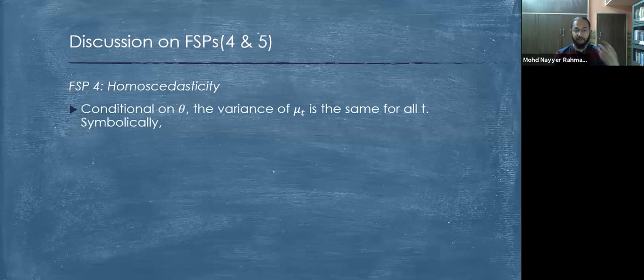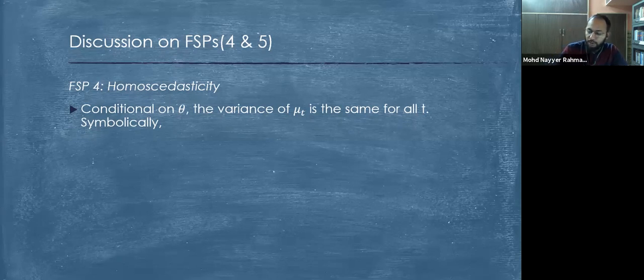and the opposite of this assumption is heteroscedasticity, which is a problem if your sample is not homogeneous. Homogeneity doesn't mean perfect homogeneity, but if it is somehow acceptable, then we can go with the regression model. Otherwise, we cannot. It means that, conditional on theta, the variance of the error term is the same at all levels.